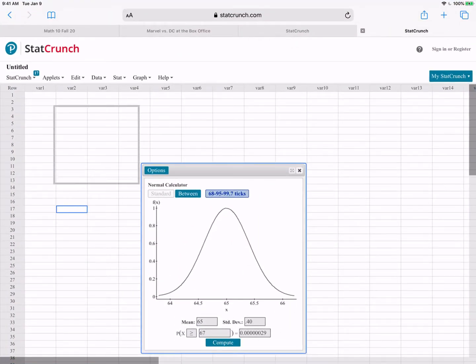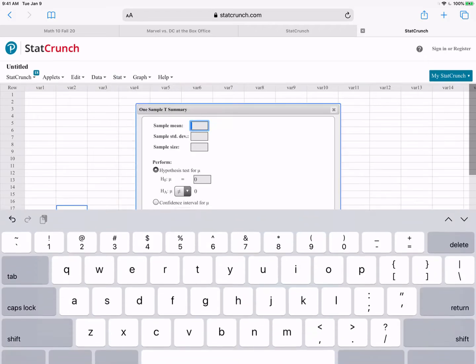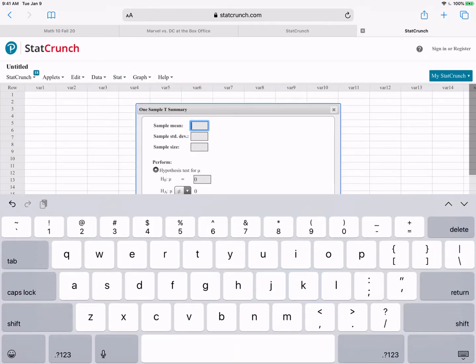We come here to Stat, T-stats, because we're using the t-distribution. I'm demonstrating it with one sample, and I have a summary. The sample mean was 16.2, the sample standard deviation was 12.3, and the sample size was 50.